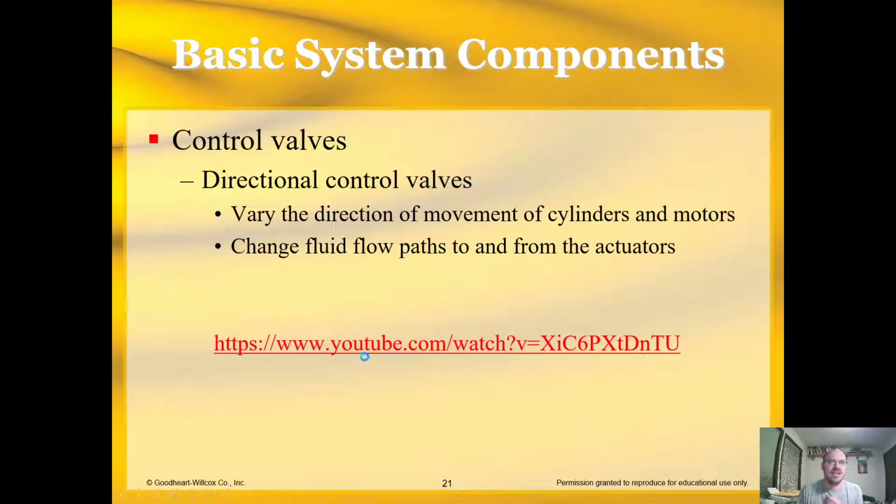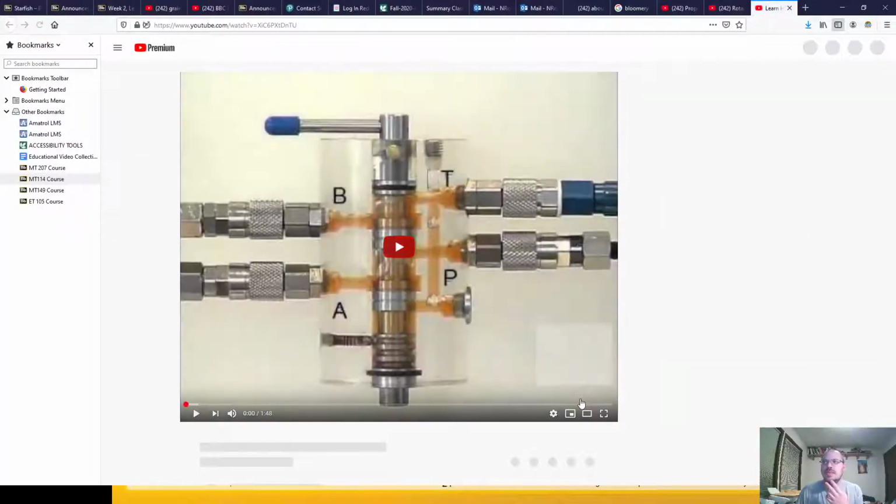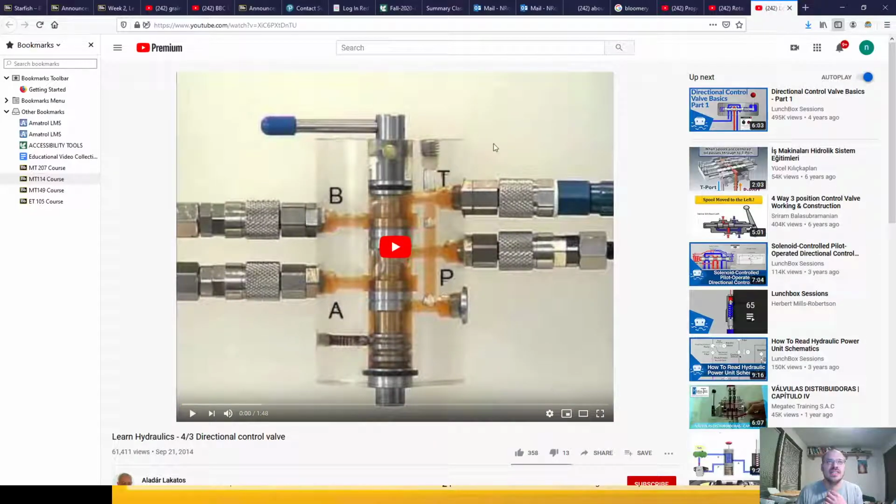And here's again a quick video. It seemed to work all right. This one's kind of neat. This is a video that shows T is tank, so it means it's going back to the reservoir. P is pump, or pressure. And then we have sides A and B here.